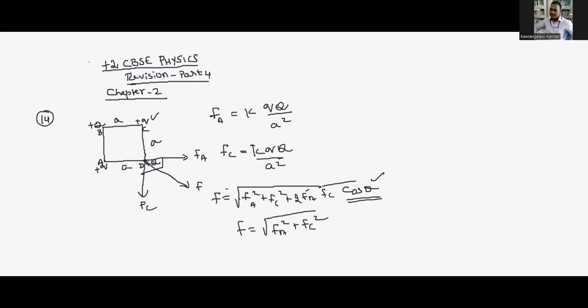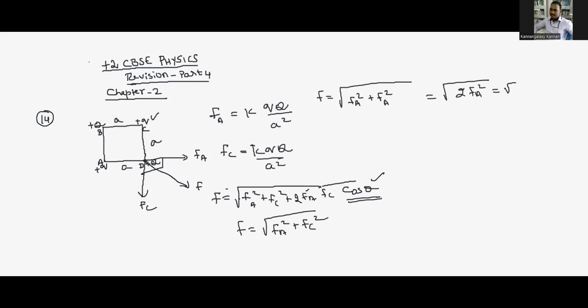Now we substitute the values. Fa and Fc are equal, so F is equal to the whole root of 2 times Fa square.